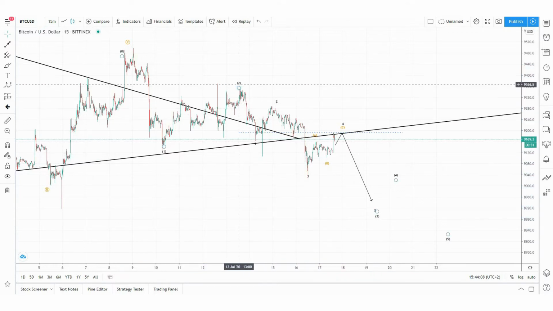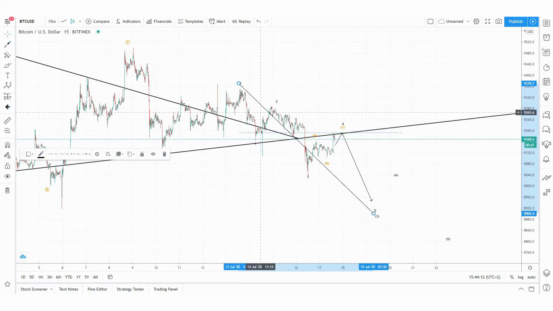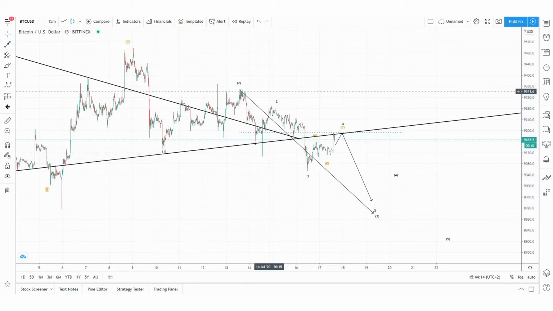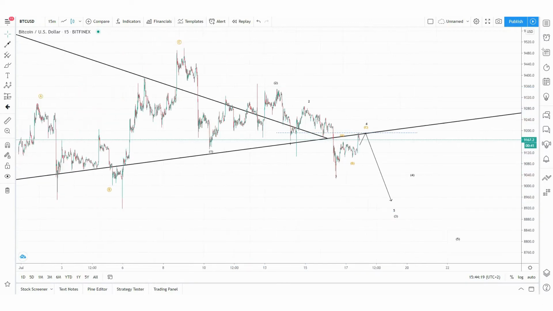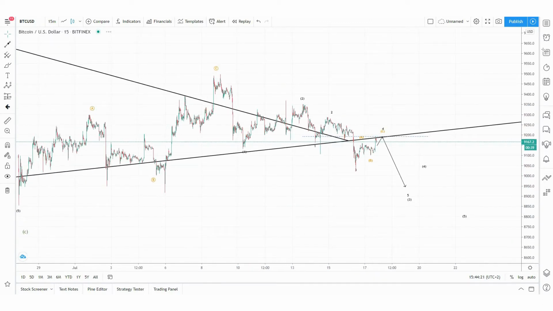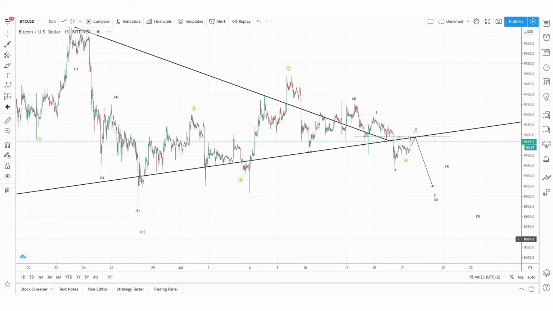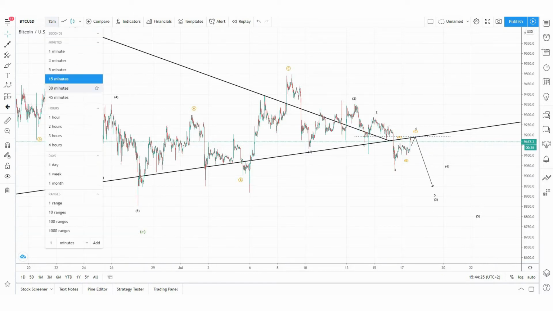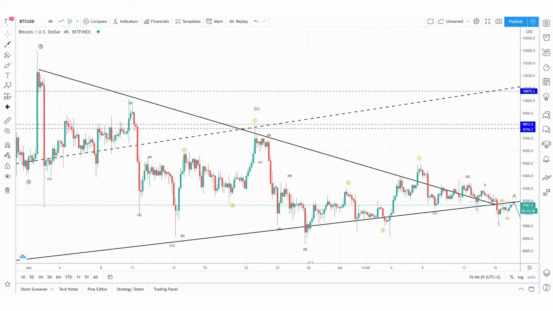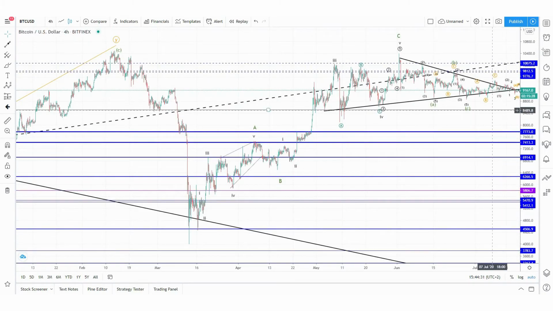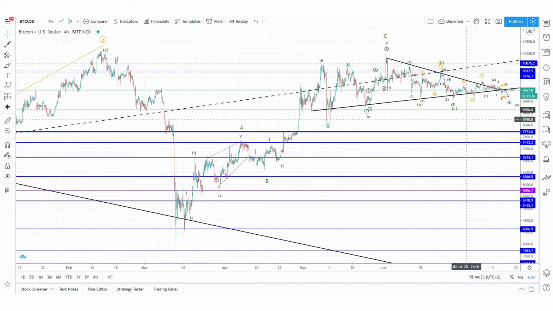But this would only be a third wave, this one here, from this high here, which is why further downside movement would be anticipated for the price action of Bitcoin, and that most likely to around the $8,500 area, which is this major support level here.